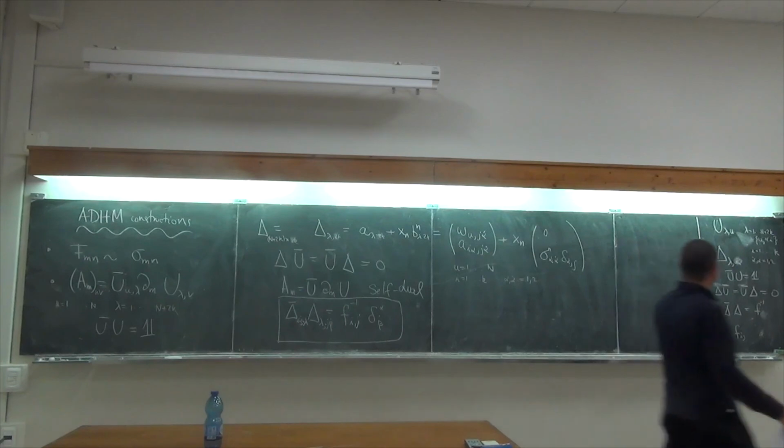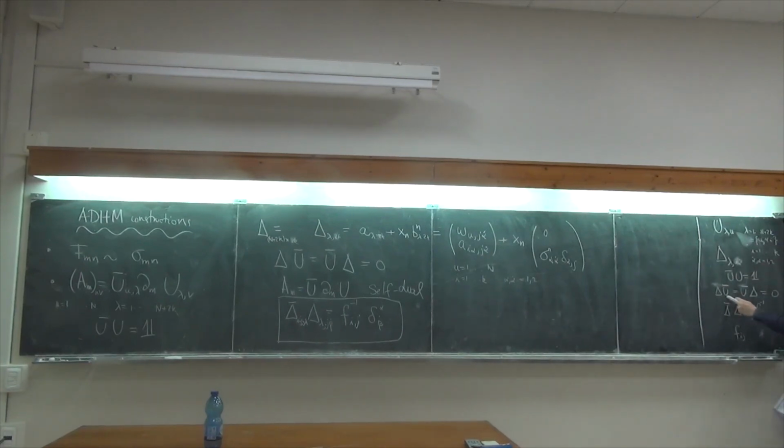Already from the indices, you see that this makes no sense, because to multiply these two you need the lambda to be here. Therefore, it should be delta bar u or u bar delta. Okay?